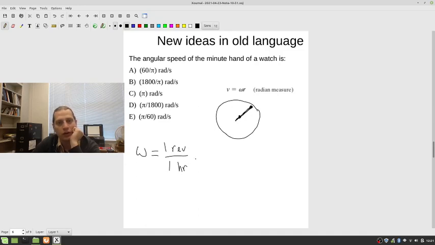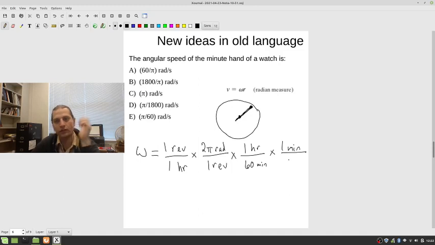Okay, and then if you want to convert that to the correct units, you would do 2 pi radians is 1 revolution, and then 1 hour is 60 minutes, and then 1 minute is 60 seconds.